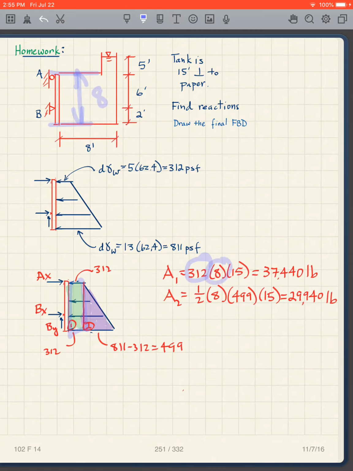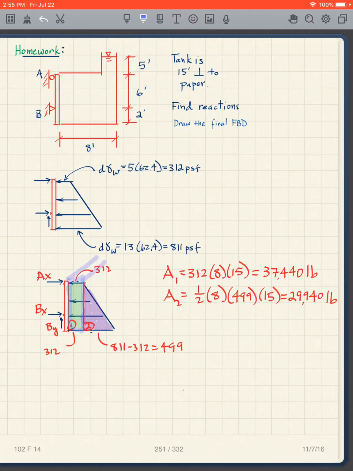So 312 times 8. And then what? It's 15 feet perpendicular to the paper. That's where that comes from. So that is the volume of this wedge here.